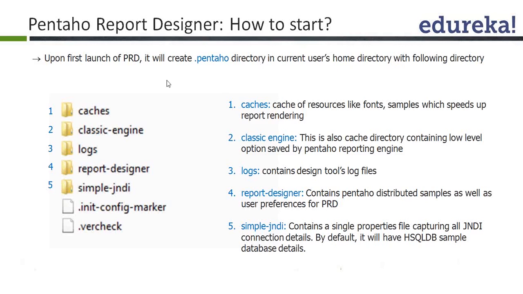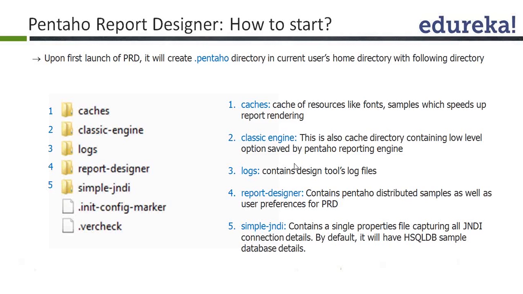So I was just going through this hierarchy of the .pentaho folder. It will have caches, which, as the name says, will cache a few resources which are used extensively by report designer. So it will cache artifacts like fonts and samples, which will help speed up report rendering.